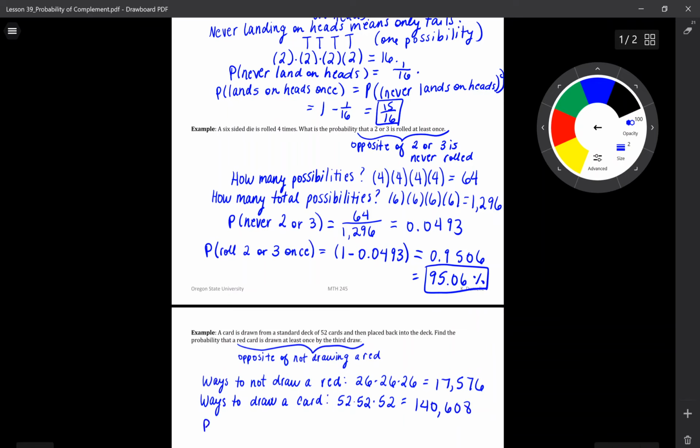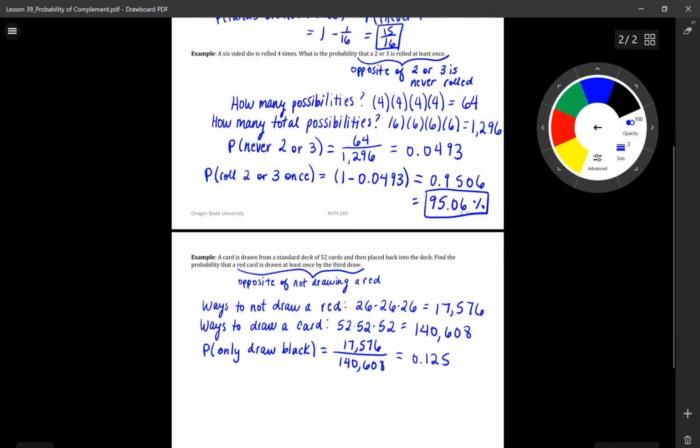So the probability that I only draw black for the first 3 draws is 17,576 over 140,608, which is approximately 0.125.